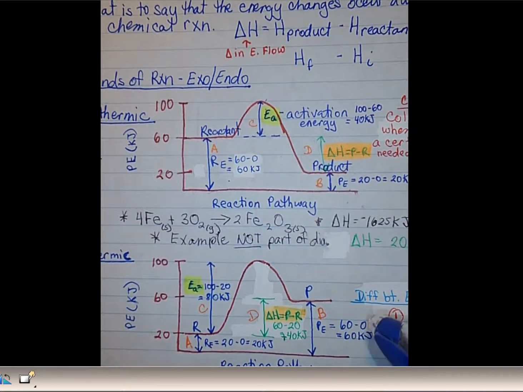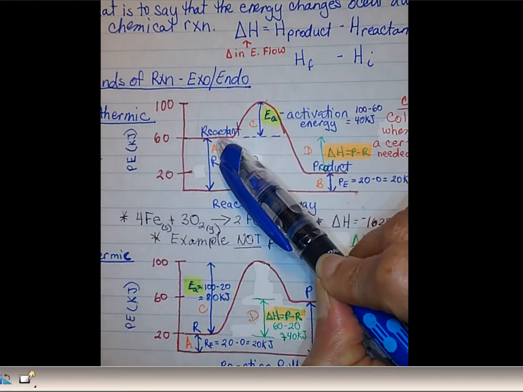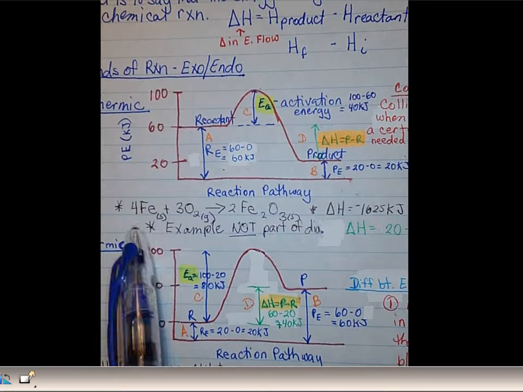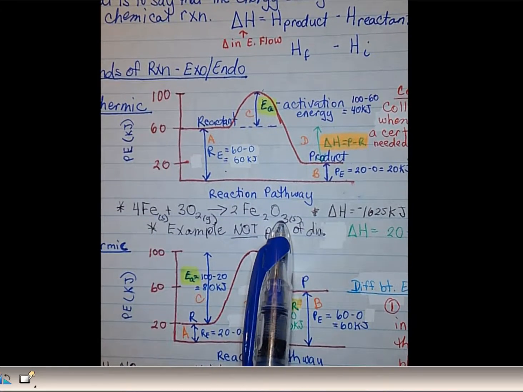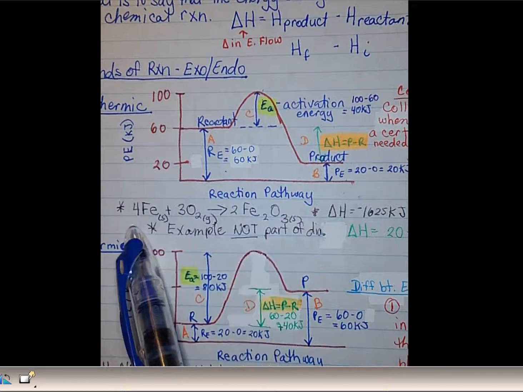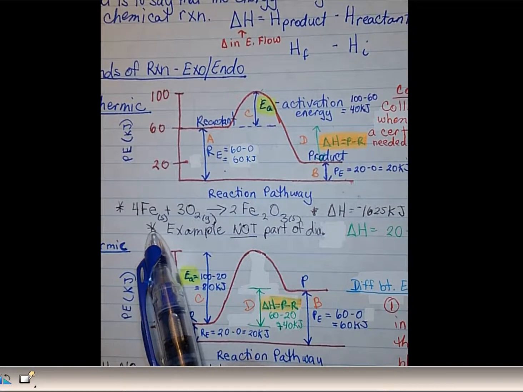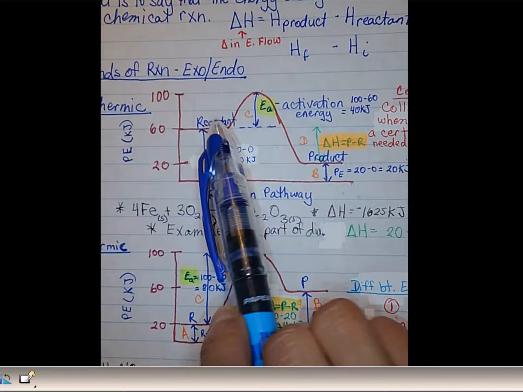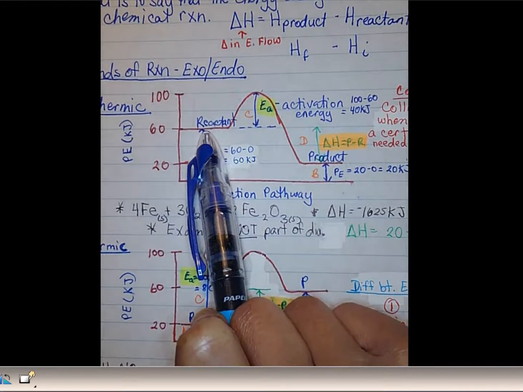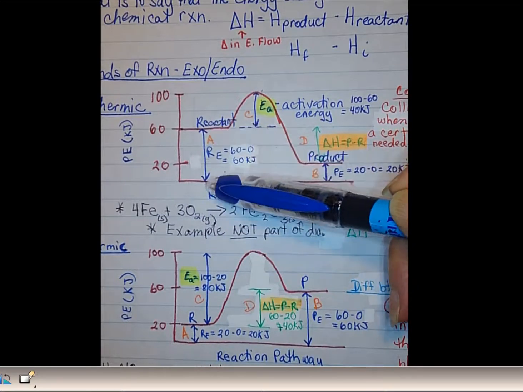Some of the characteristics you need to look out for are right here where the reactants are. Let's say that you have a chemical reaction, with the reactants before the arrow on the left-hand side and the products on the right-hand side. Your reactants on the diagram are a certain distance away from the x-axis.